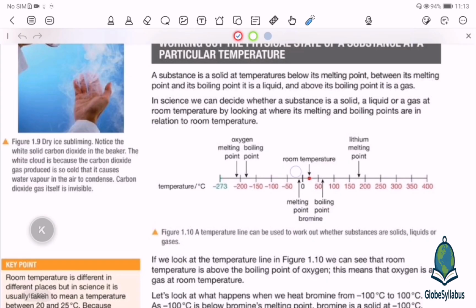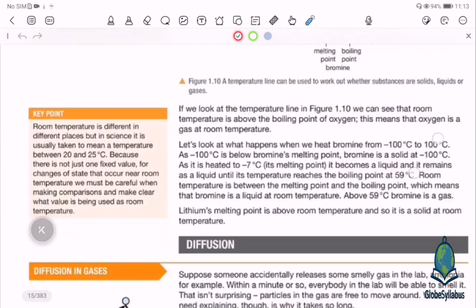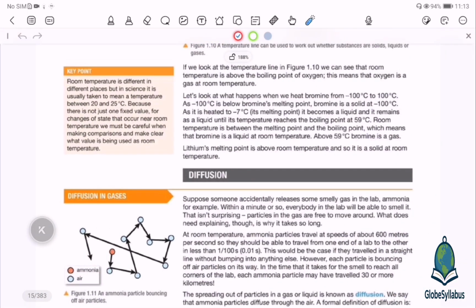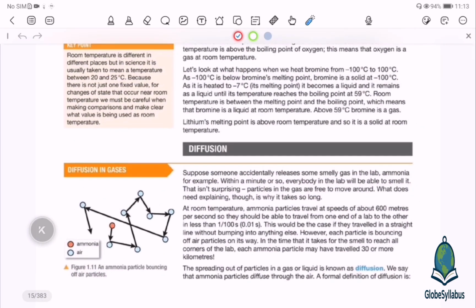For example, the melting point of this substance is minus 10 degrees Celsius, which means anything below that is a solid. Anything below boiling point and above melting point is a liquid. And anything beyond boiling point is a gas. And that's pretty much what you need to know.